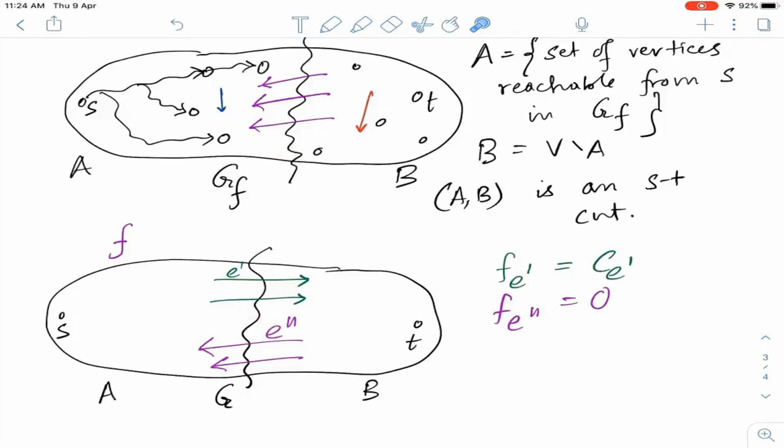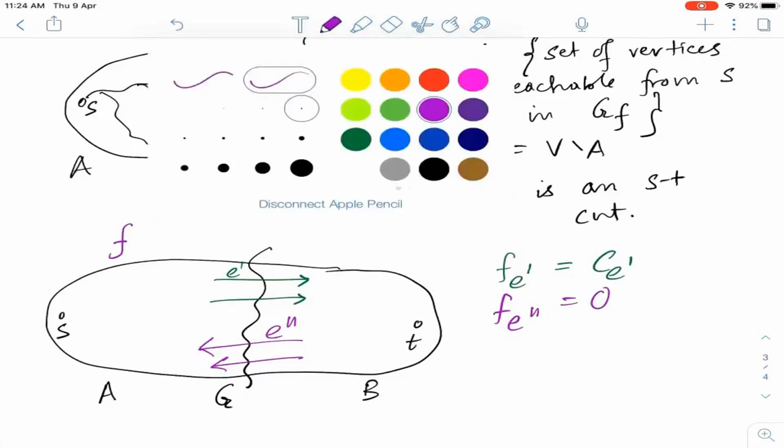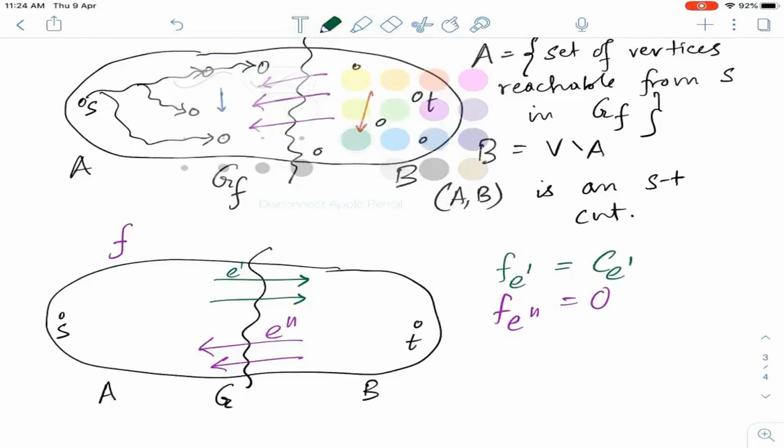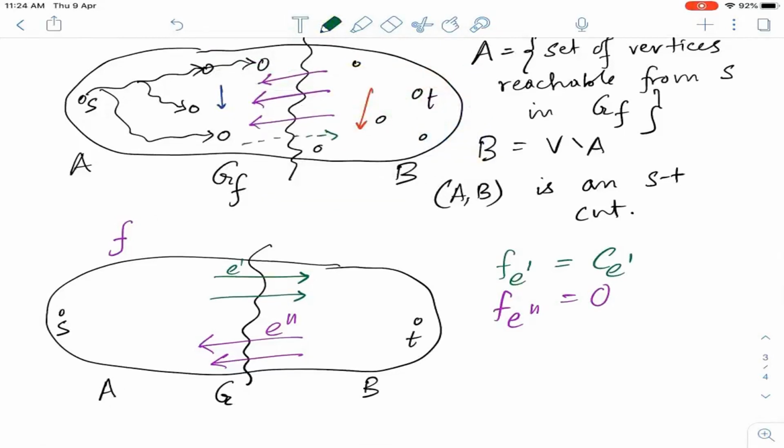The capacity is equal to the flow that I have here, which means in the residual graph I will have an edge like that with a positive capacity. If f of e double prime is positive, then the capacity of this dotted green edge, which does not exist, but if it existed would be positive, which again is a contradiction. Because I know that these green dotted edges cannot exist in my residual graph.